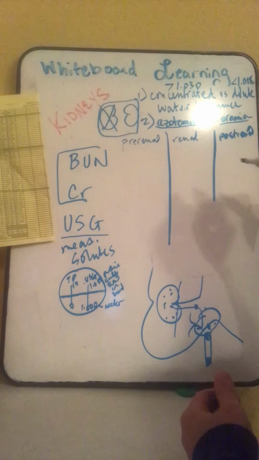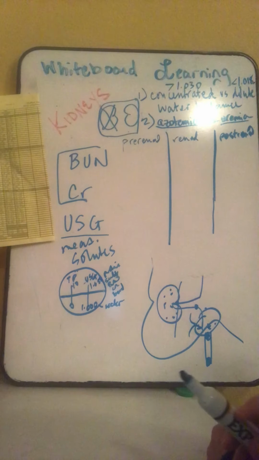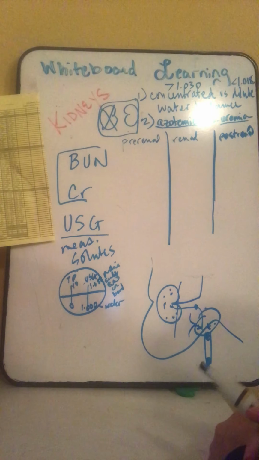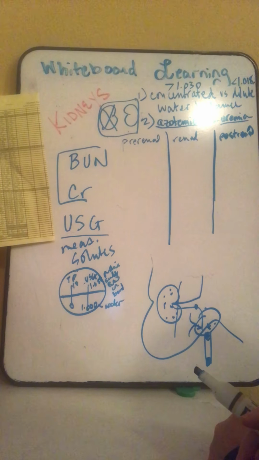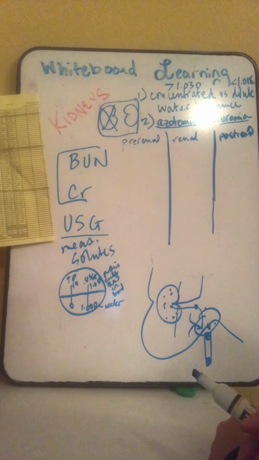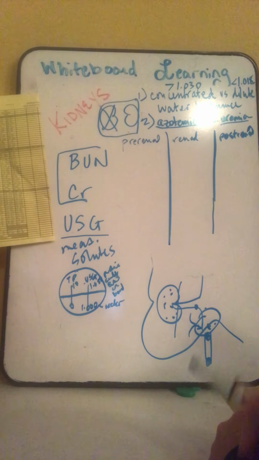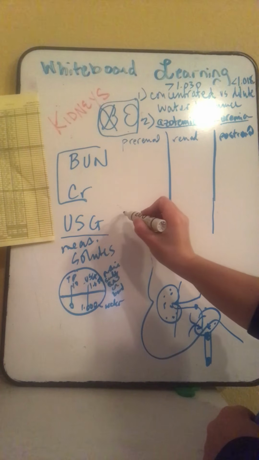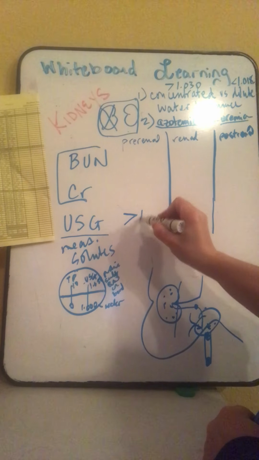So let's say we got dehydrated because we got really sick with the stomach flu, and we had diarrhea at the same time. I ate some really bad food, or I have a stomach flu, and so I'm really dehydrated. So what I should do if I'm normal is I should have very high urine concentration.